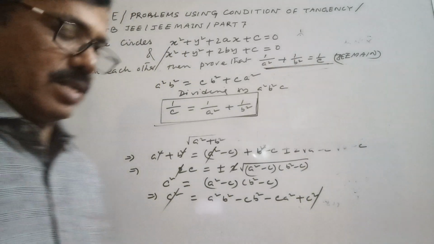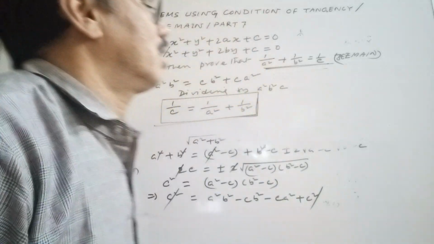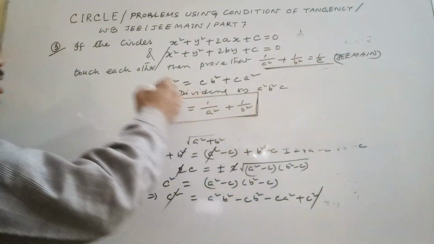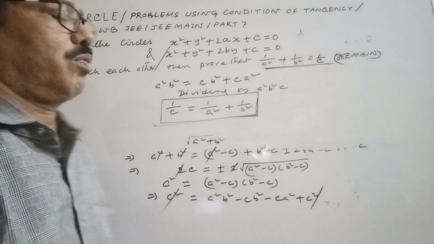In a competitive exam, only 4 options will be given. So here it is given in proof form.